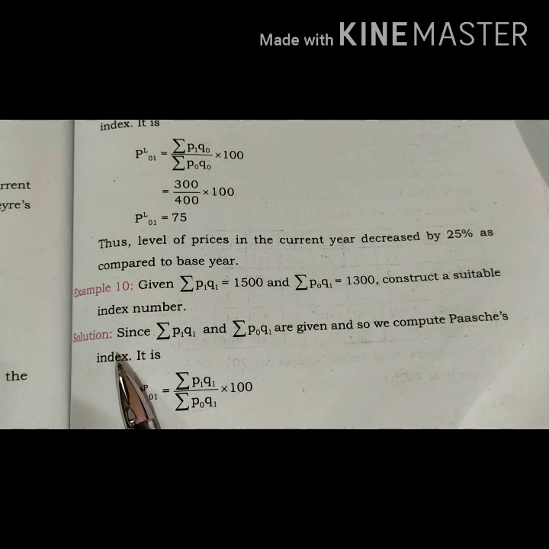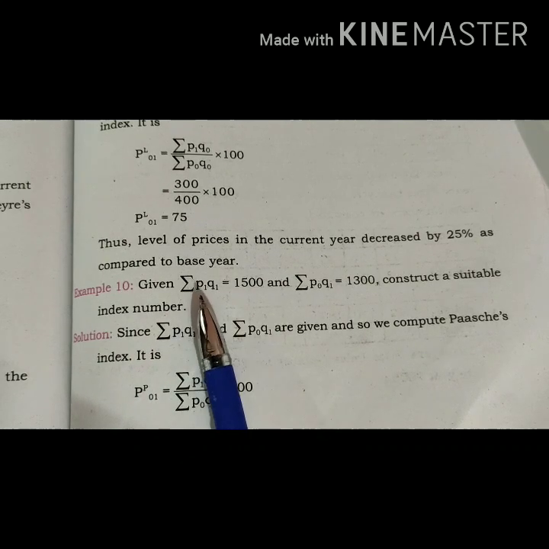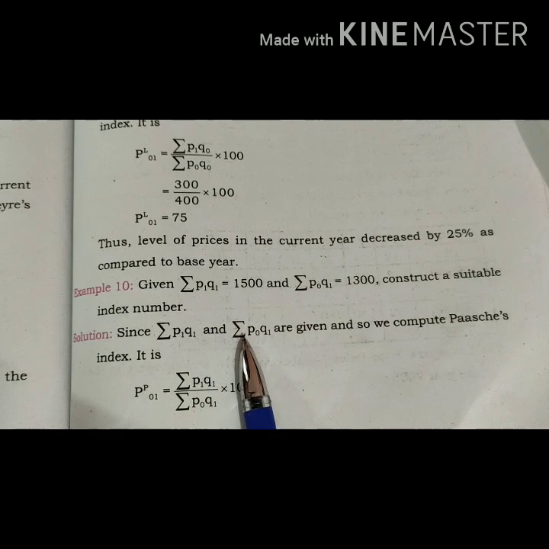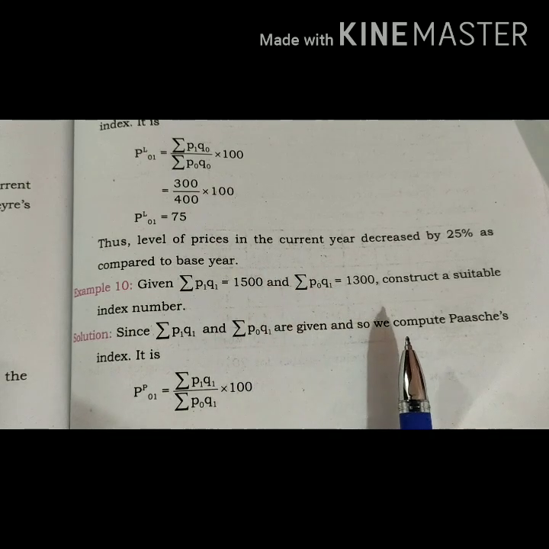So going to the solution now, since sigma P1 Q1 and sigma P0 Q1 are given in the question, values of both the terms are given. So we will compute the Paasche index. What is the formula for the Paasche index?